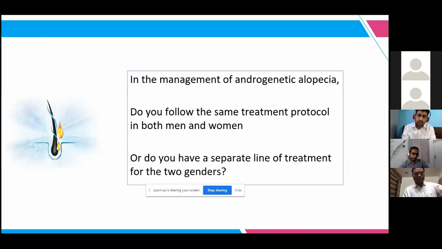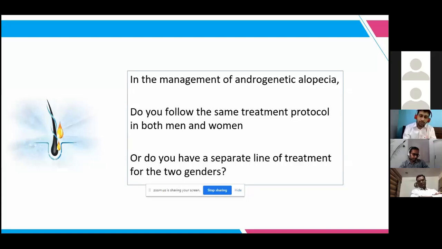Males, mostly the pattern is well established. So the treatment approach, once the diagnosis is androgenetic alopecia, with respect to the topical treatment, it's more or less the same because minoxidil is the only approved topical medication for both men and women, and the percentage varies to 2 and 5%, but in my personal practice I usually stick to 5% even for women because it gives a little early onset of results.